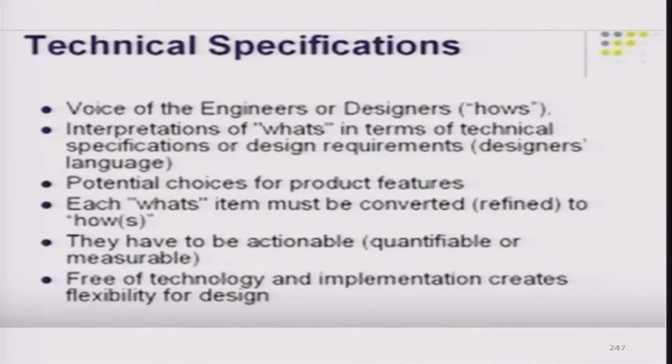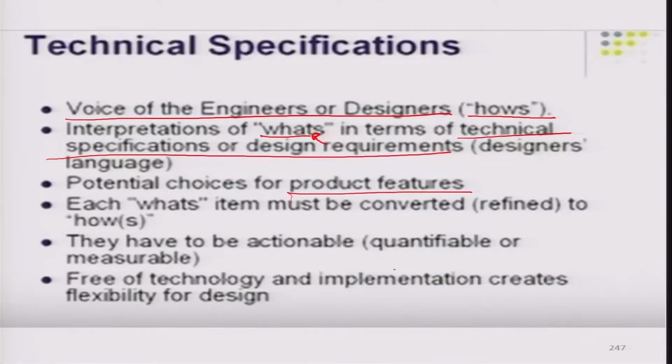We also talk about technical specifications. This reflects the voice of engineers or designers, and the technical specifications, or the hows, are interpretations of the whats in terms of technical specification or design requirements given to achieve the whats. Okay, so potential choices for product features, for example, could be a part of technical specifications. Each what must be converted to hows through this relationship matrix.